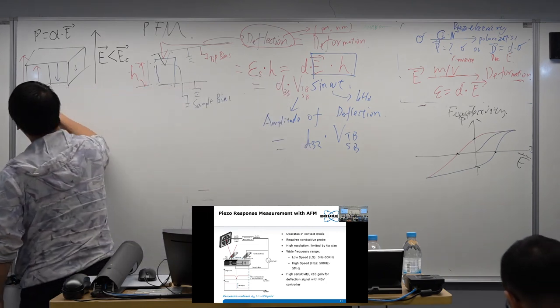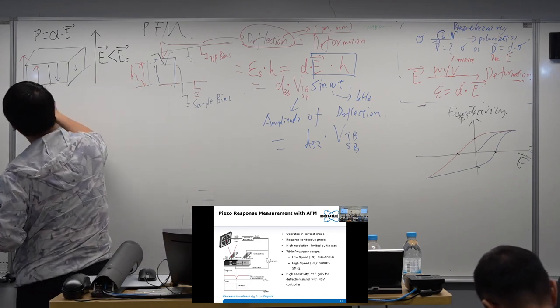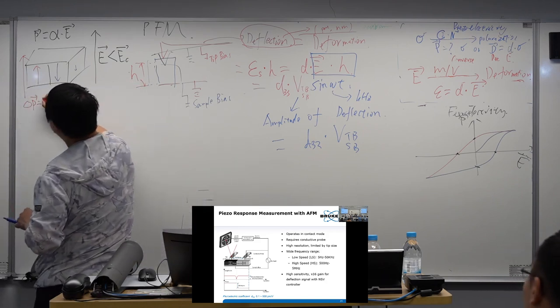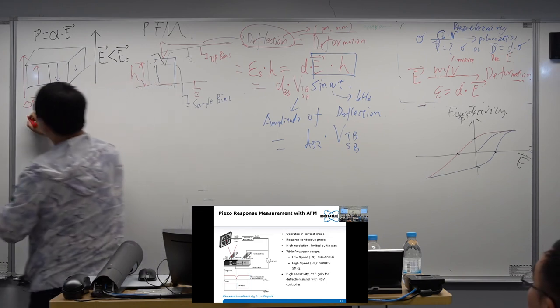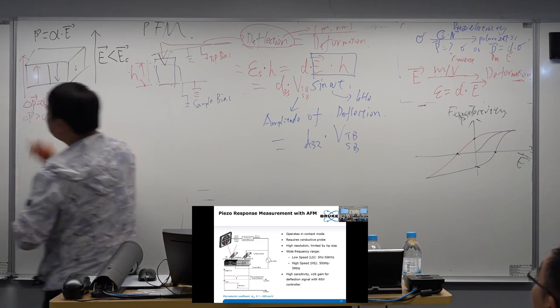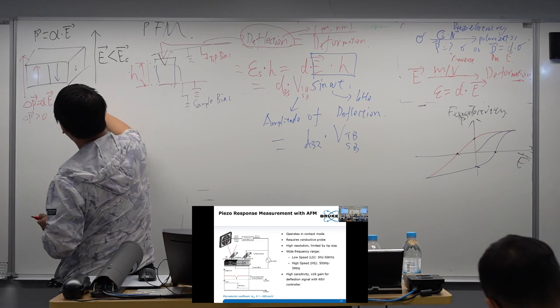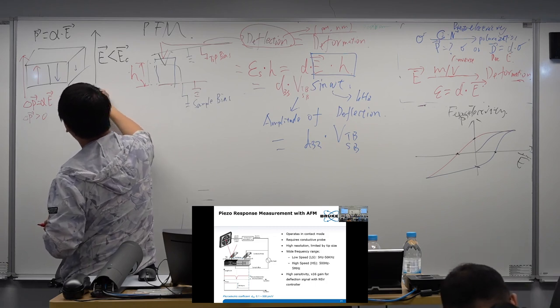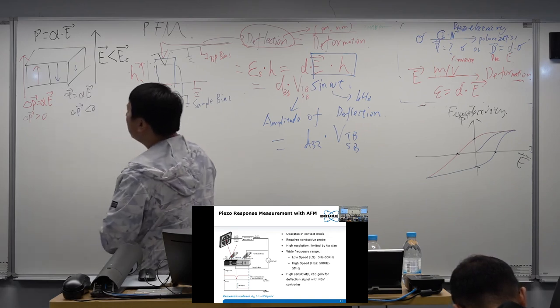So I would say delta P equals alpha times E, and this delta P is increased. And for this area, it's also delta P equals alpha E, but this delta P is negative.